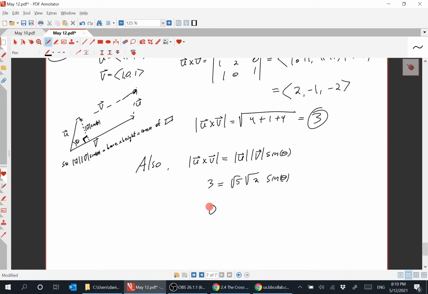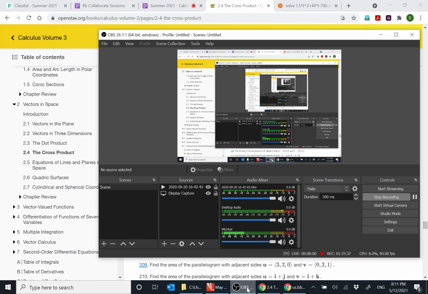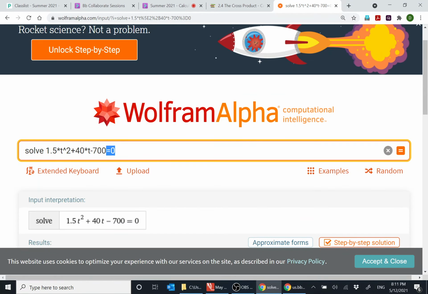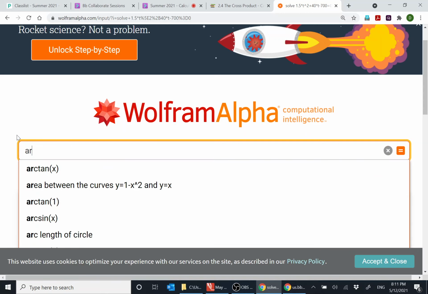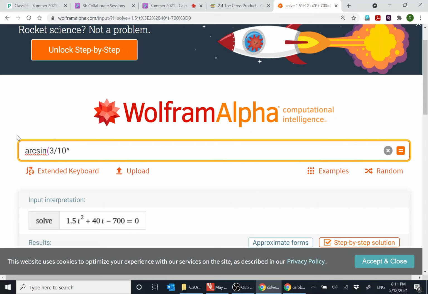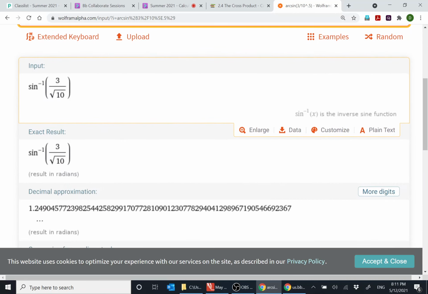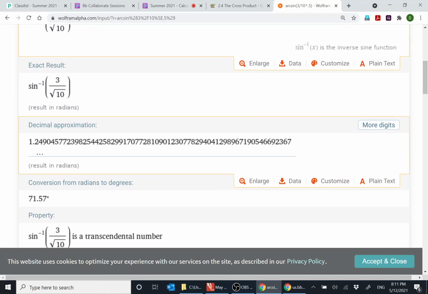So sine theta is 3 over square root 10, which is equal to approximately 3 divided by 10 to the 0.5. So theta is about 71.57 degrees.